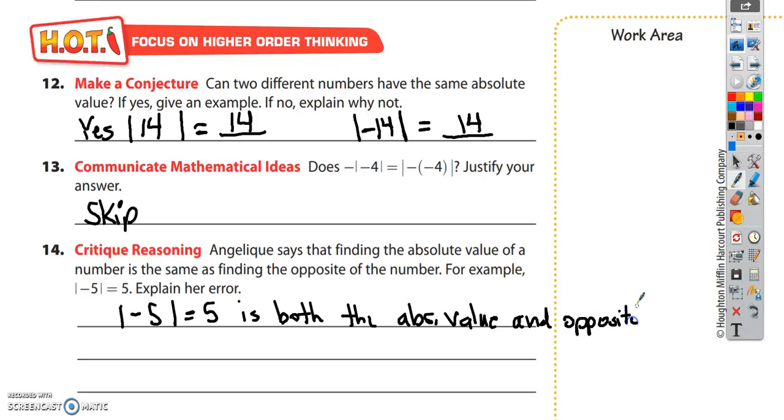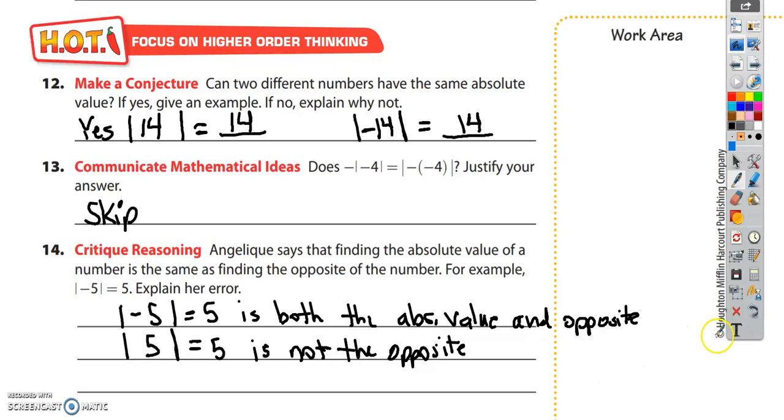But what if we switch the number to positive 5? Well, the absolute value of positive 5 is 5, but it is not the opposite. So she's right sometimes, but she's not right all the time.